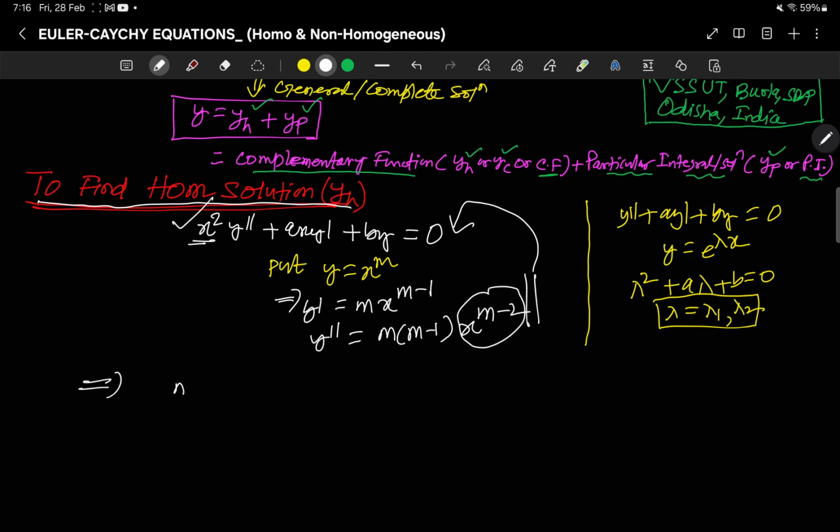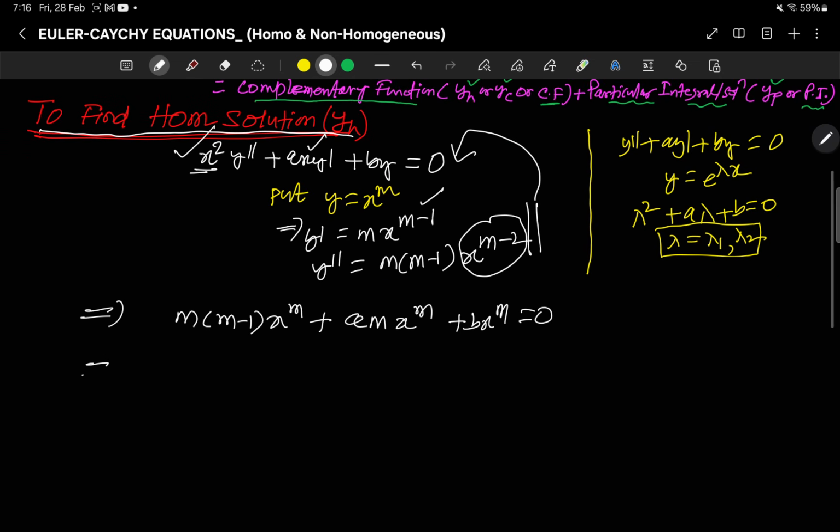So you get m into m minus 1 x to the power m, plus likewise x to the power m minus 1 times x gives a m x to the power m, plus b x to the power m is equal to 0. If you take x to the power m common, it gives you m square plus (a minus 1)m plus b is equal to 0.